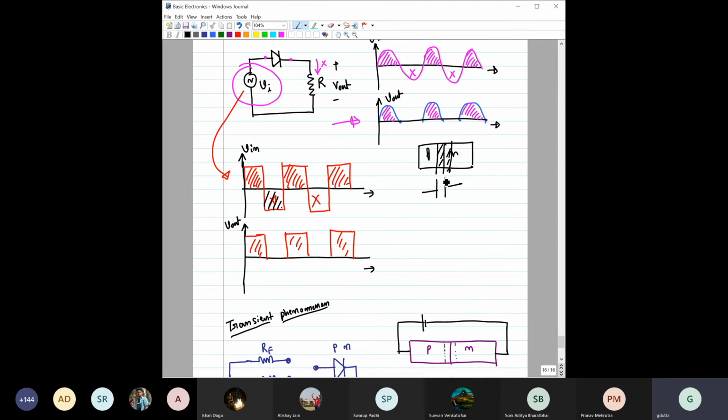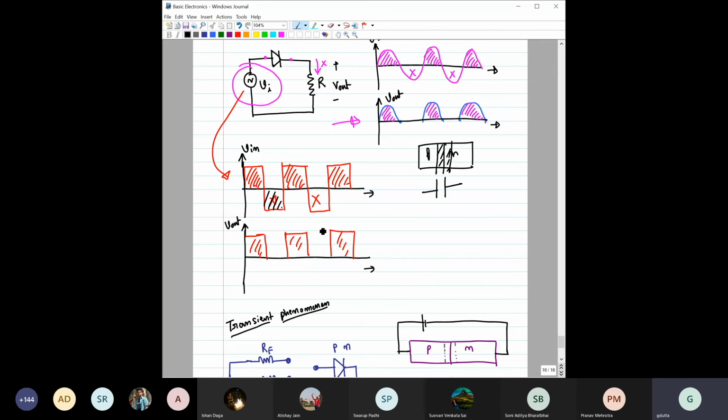And you know that the voltage across any capacitor you cannot change instantaneously. You need some time to change the voltage across a capacitor. So if this PN junction in the depletion region also has a capacitor, then you also cannot change the diode voltage instantaneously. Then what would be the effect of this capacitance on the diode characteristics?